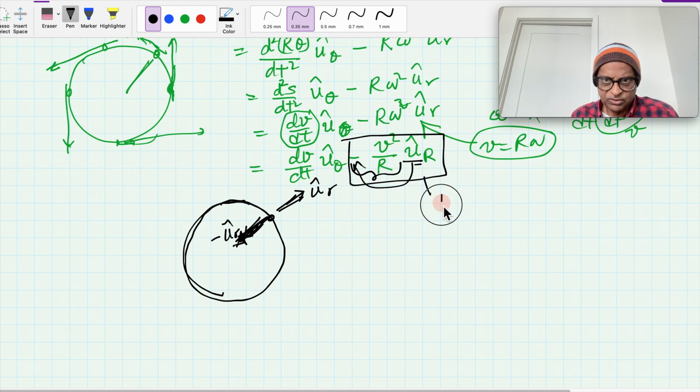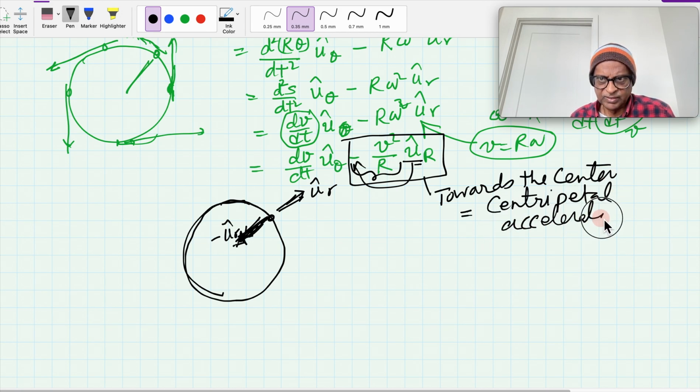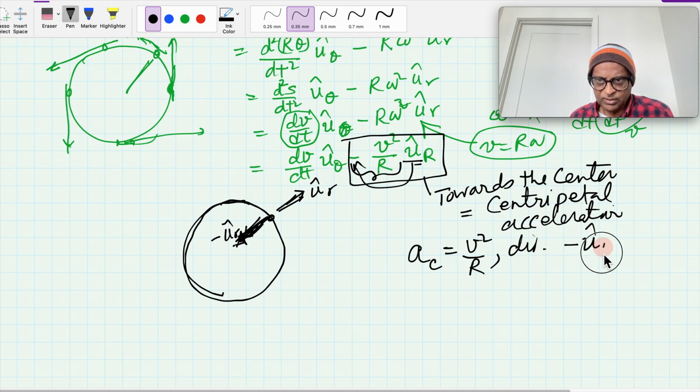So this part is towards the center, and we'll call it centripetal acceleration. Sometimes you write down a c equals v square over r, just the magnitude part, and the direction is minus u hat r.